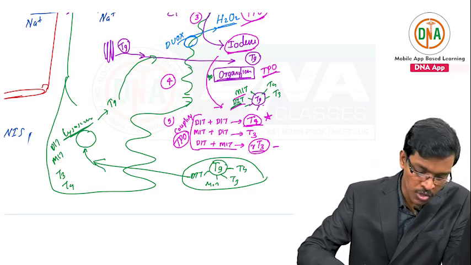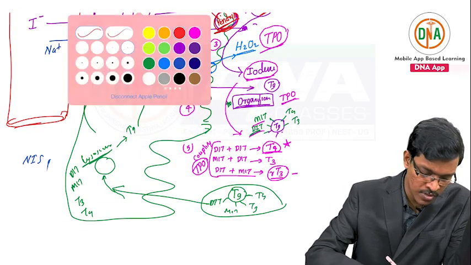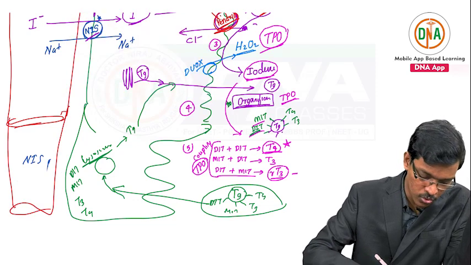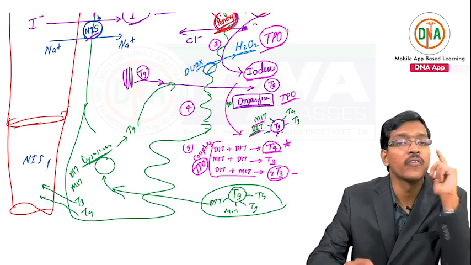What will happen to T3 and T4? Here we have drawn a blood vessel. So T3 and T4 will go to the bloodstream, right?